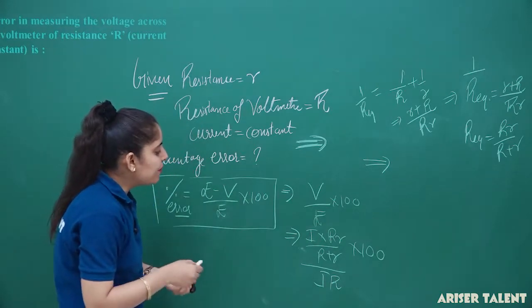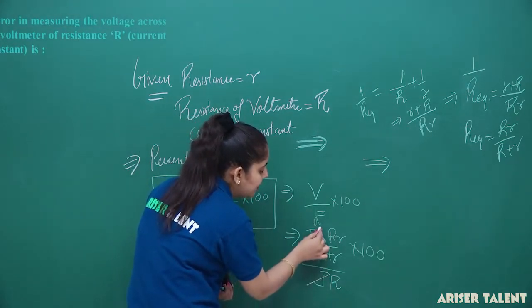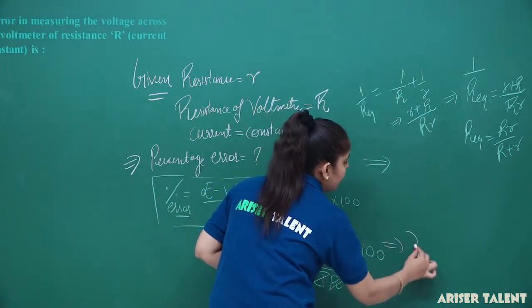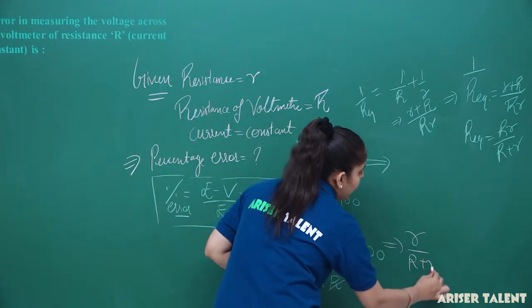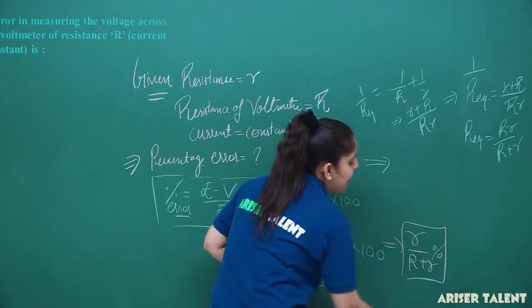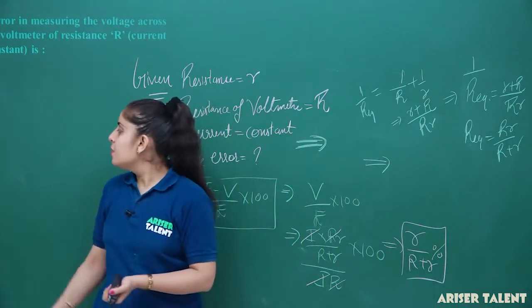Now, from this equation you can see that I will be cancelled by I, r will be cancelled by r, and what I am getting here? R upon R plus r. So, this will be the percentage error that you will get in this voltmeter.